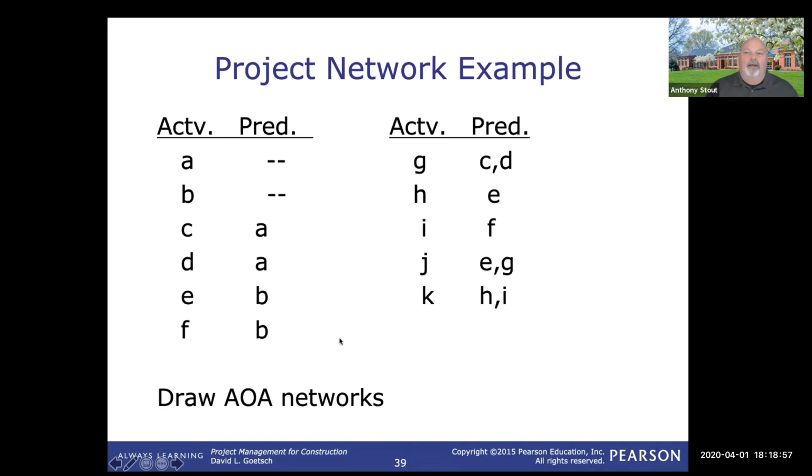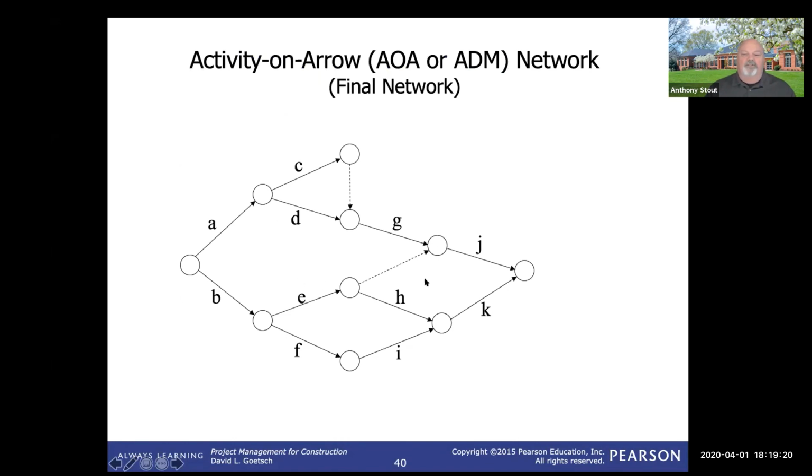This is what a project network table would look like. And in some cases, I'm going to give you a table just like this in a homework assignment, and you're going to have to provide me with an AOA network diagram that corresponds to the table. If I look at that, this is something that you would draw and send back to me.